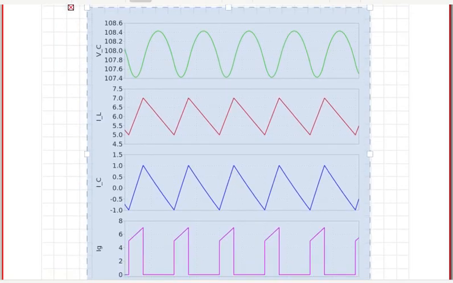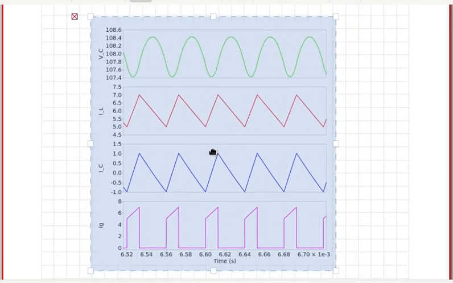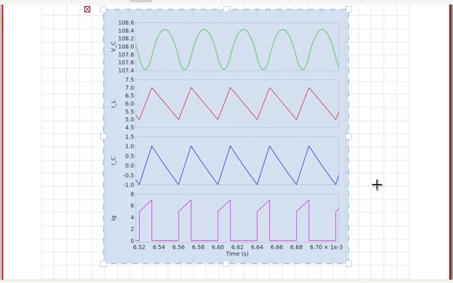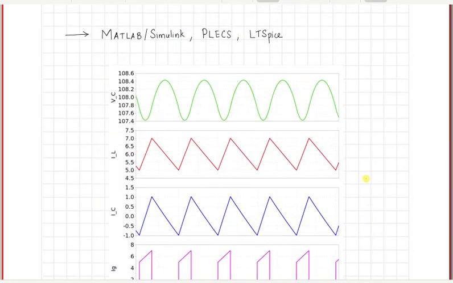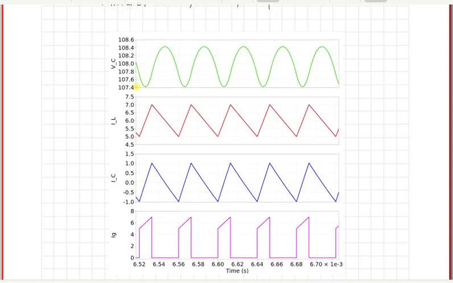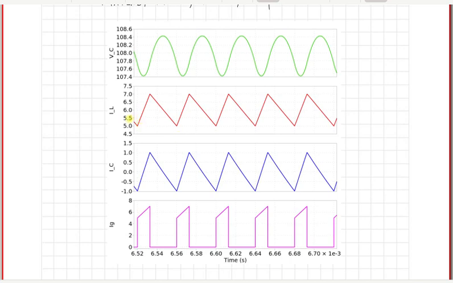What you see in the top, this green waveform, is the voltage across the capacitor, and this red waveform is the inductor current.